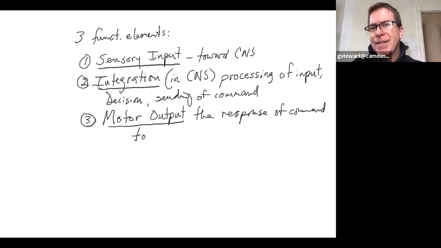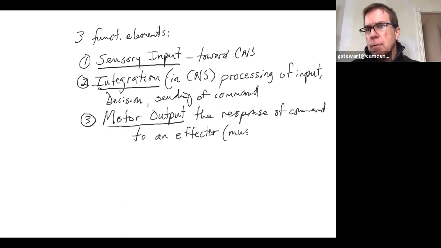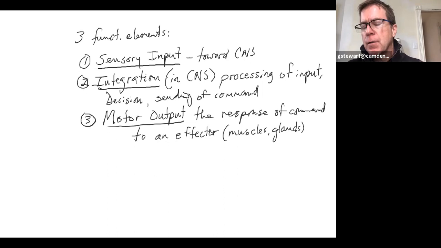And we call that destination an effector. And that can be pretty much muscles or glands. Now, muscles can be skeletal muscle, cardiac muscle, smooth muscle. It doesn't have to just always be skeletal muscle.